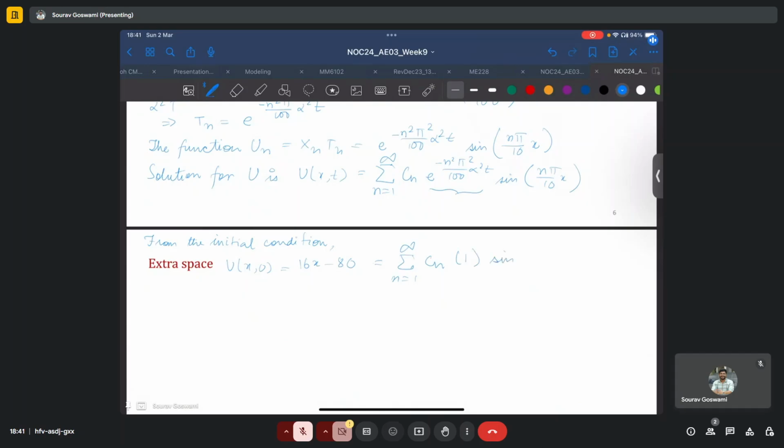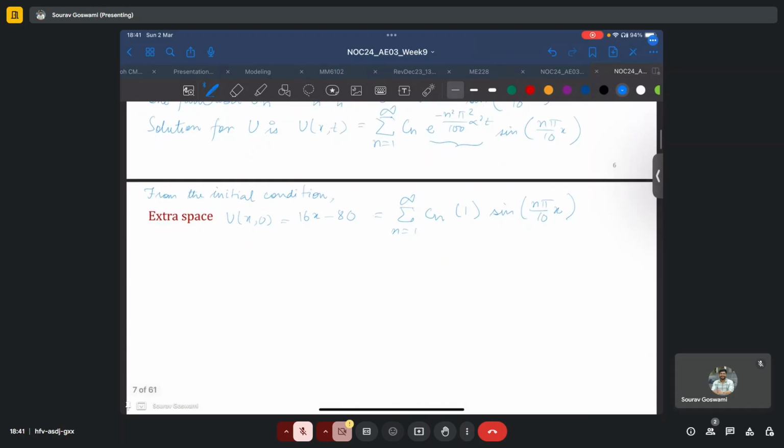and sin n pi by 10 x. Again, if you look at this carefully, this is simply the Fourier sine series expansion of the function given to us.